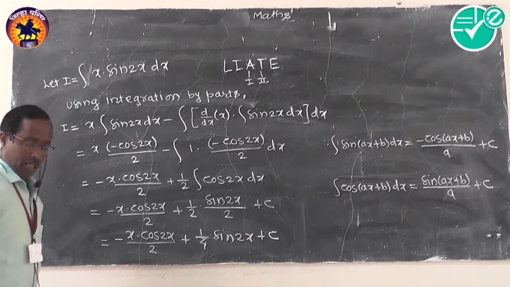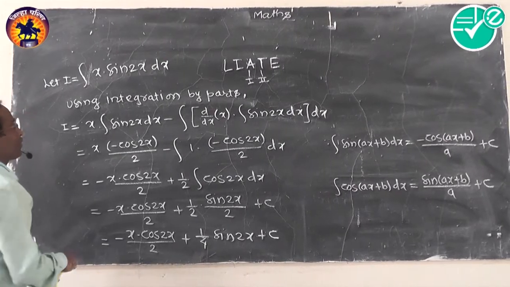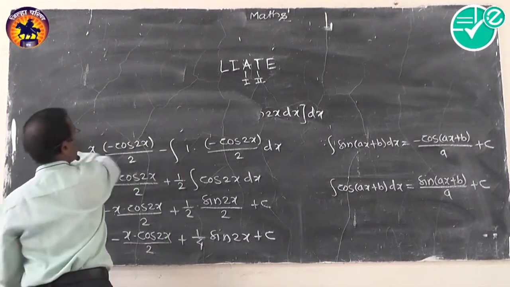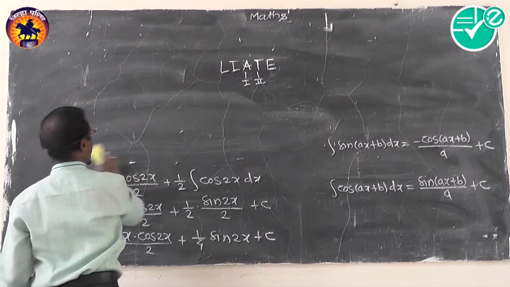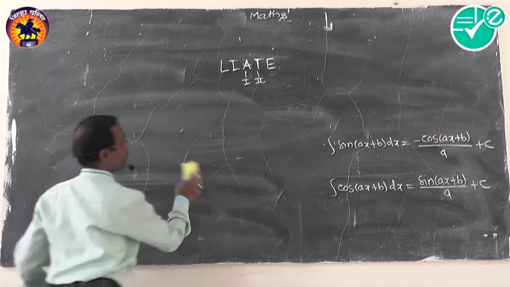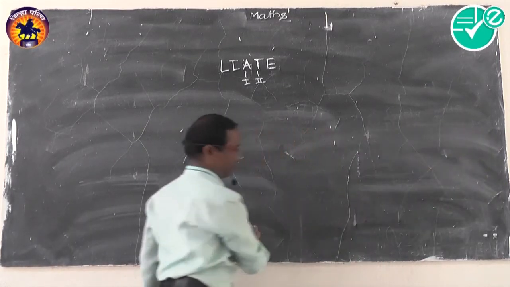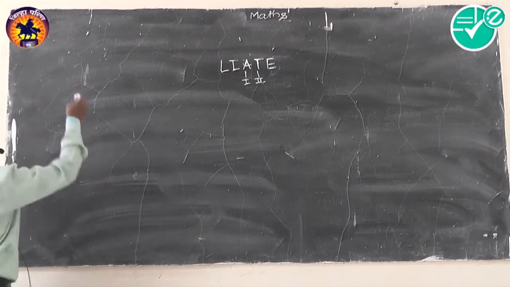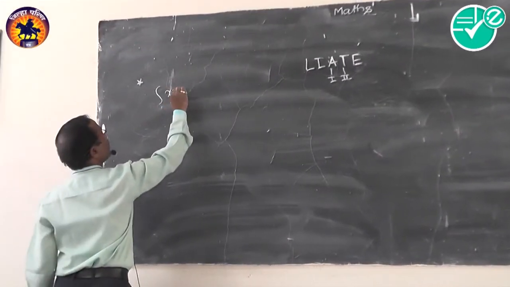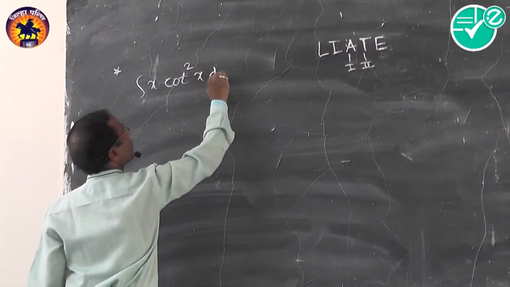Now we are going to take the next example, x into cot square x. Integral of x into cot square x dx.